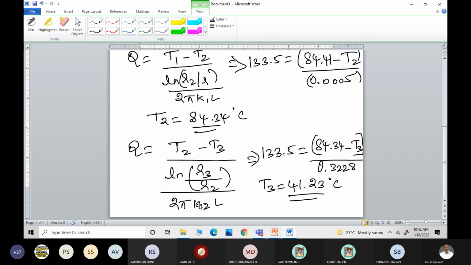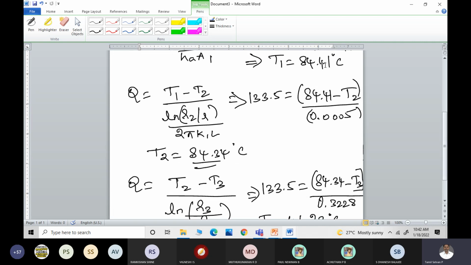If you have an insulator with a lesser thermal conductivity value, we have reduction in temperature. Do you see that the thermal conductivity of steel is higher? So the temperature T2 is almost nearer to T1, 84.4 and 84.3. Am I correct?